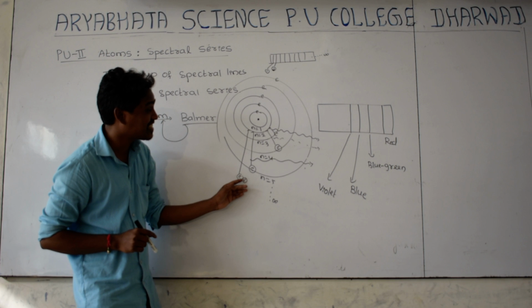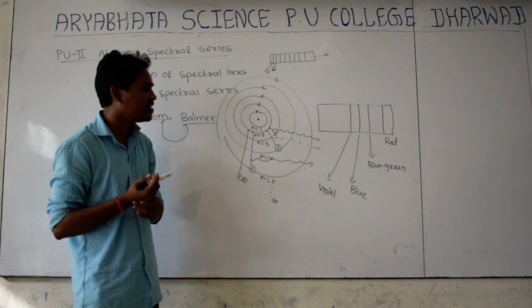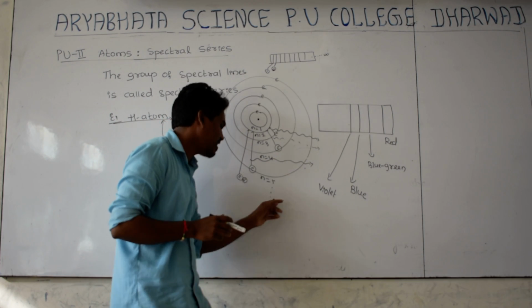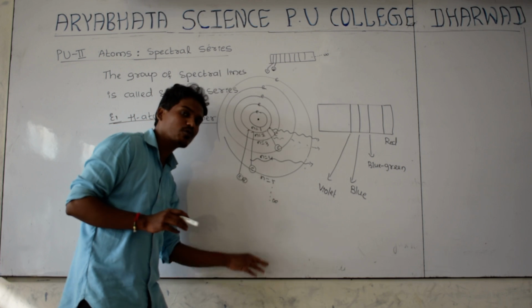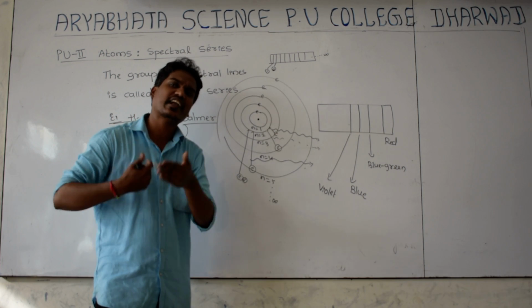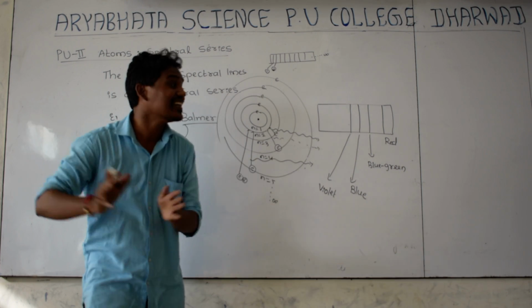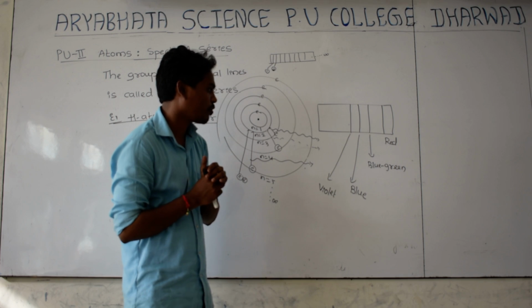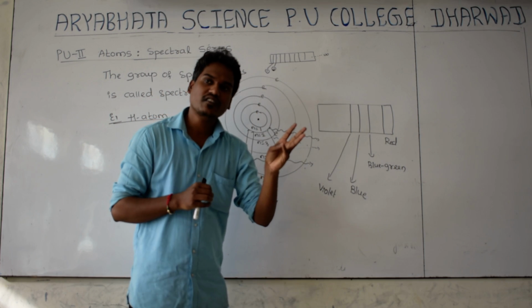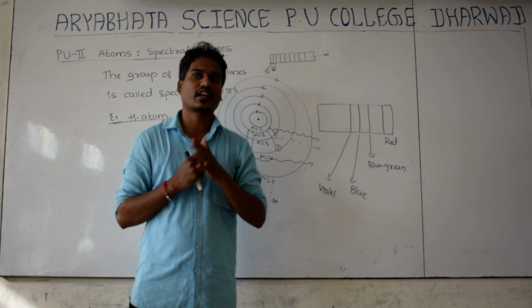Sixth to second energy state, that also. And there are 7 to second, 8 to second, 9 to second, 10 to second up to infinity. Those spectral lines are not clearly visible here. He considered only 4: third to second, fourth to second, fifth to second, sixth to second.